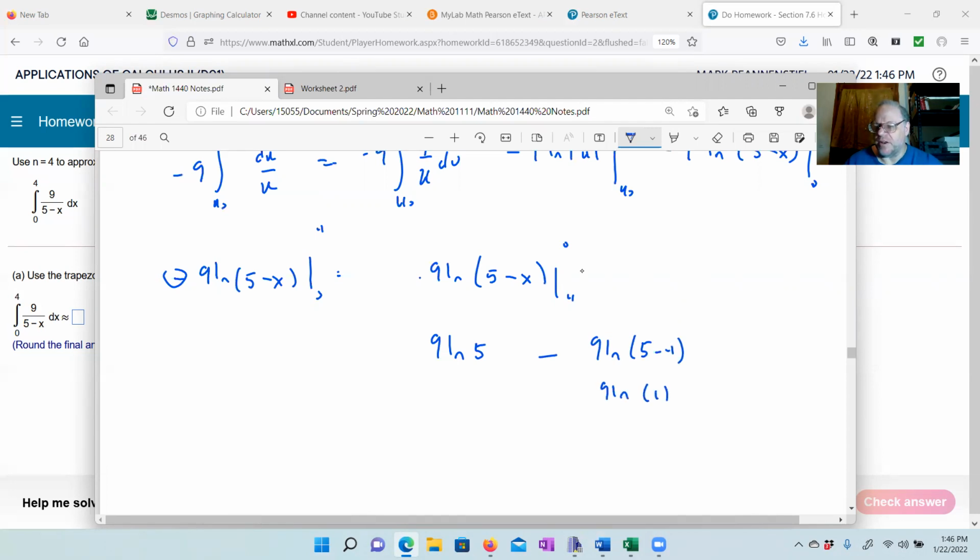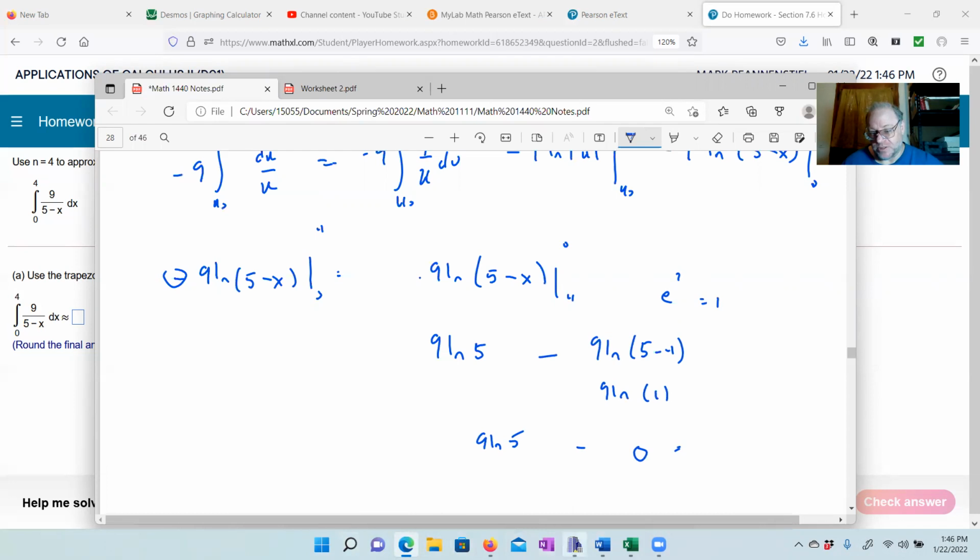What is the natural log of 1? That would be 0, because what it's asking is e to what power equals 1. E to the 0 power equals 1. So we just have 9 ln 5. We're going to need a calculator now.